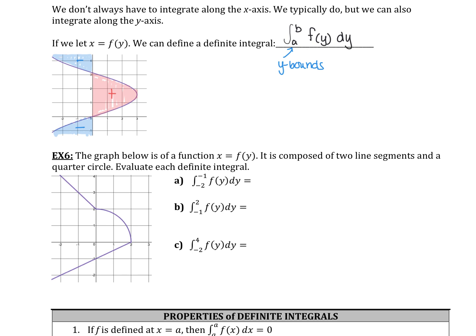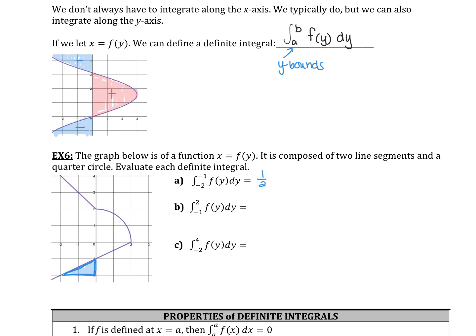And the first one that it gives us is that the bounds go from -2 to -1. Well, if I look at the bounds that go from -2 to -1, I can see this triangle right in here. And this is the area that it's asking me to calculate. I don't know why, sorry, my hand keeps dragging the screen. So this is the area it asks me to calculate. Well, it's an area of a triangle. So do not forget your geometric means of calculating the area of a triangle.